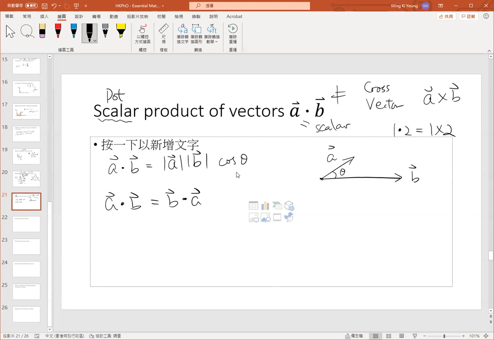Or do you have any question about this product? How we define this product?